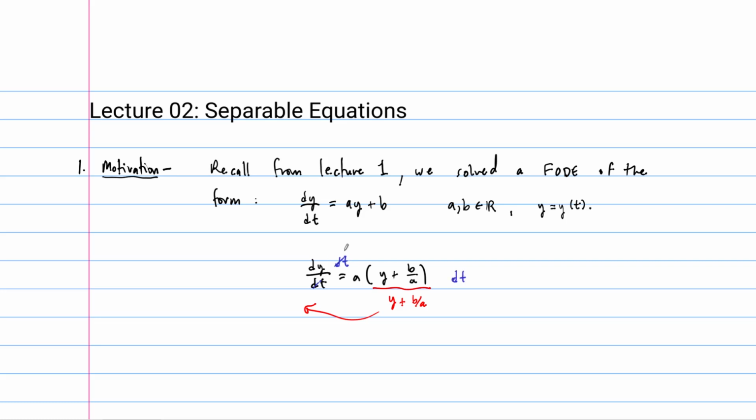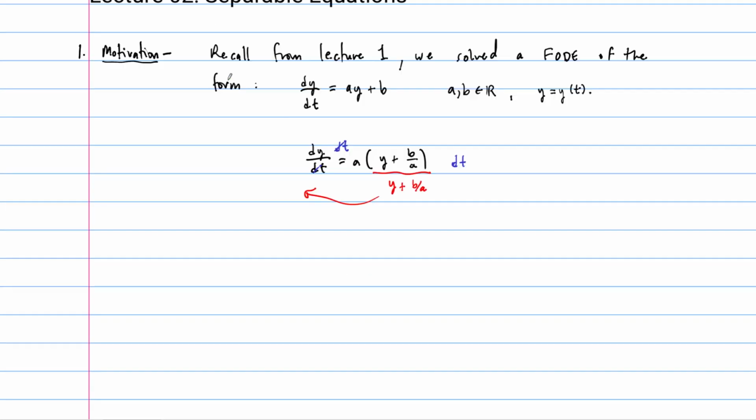So it's going to cancel over here, right? Remember, we're thinking of dt as a differential, so you're allowed to break up the derivative into its differentials. And now what we end up with is this equation where we have 1 over y plus b over a dy equals on this side just a dt.